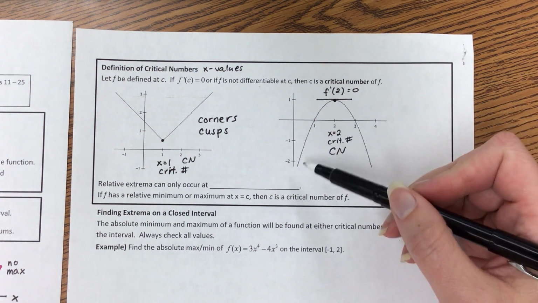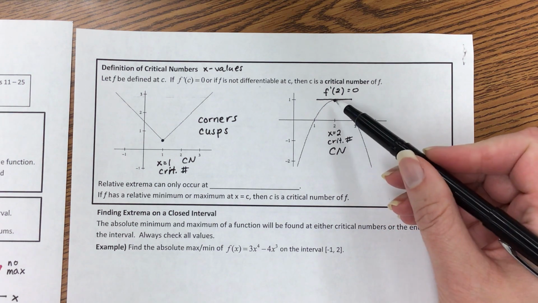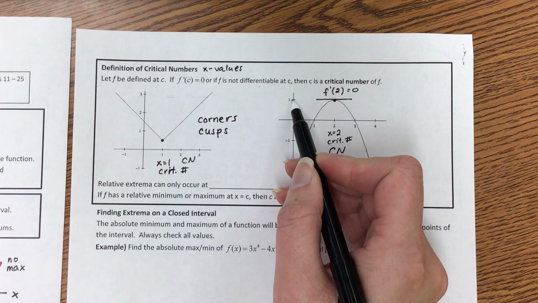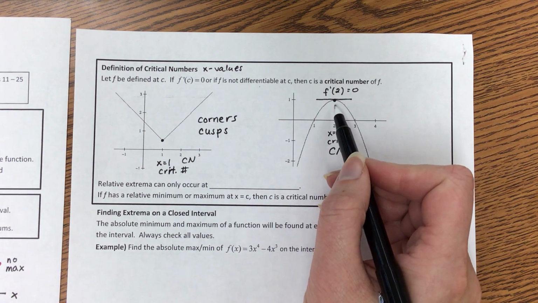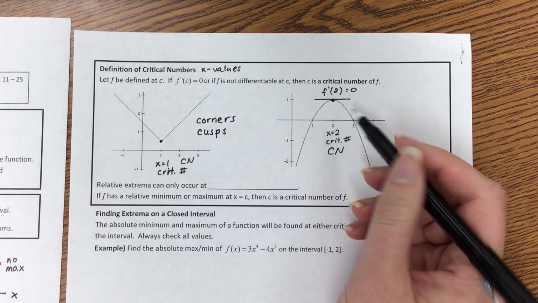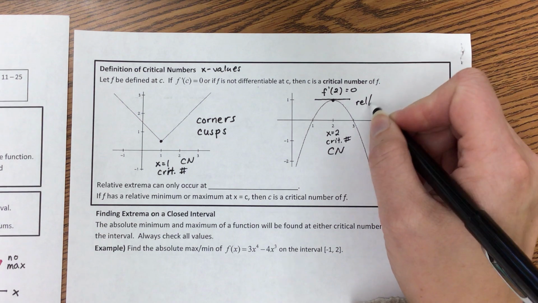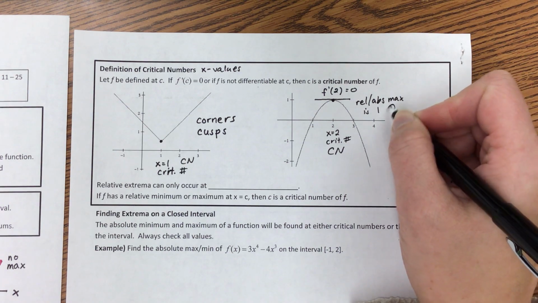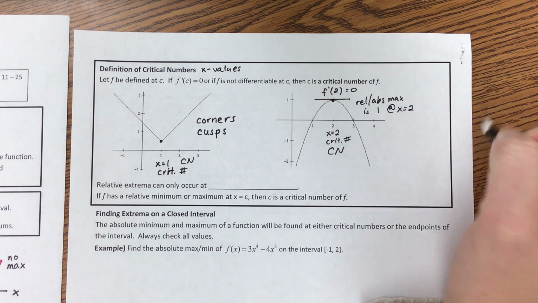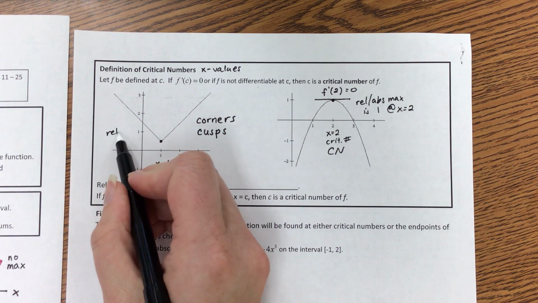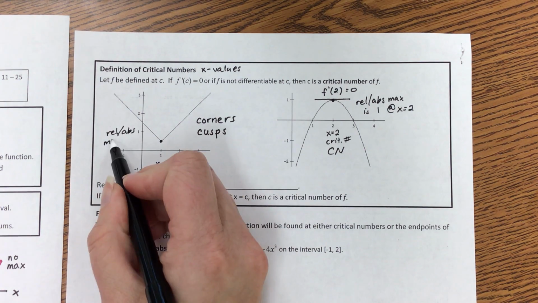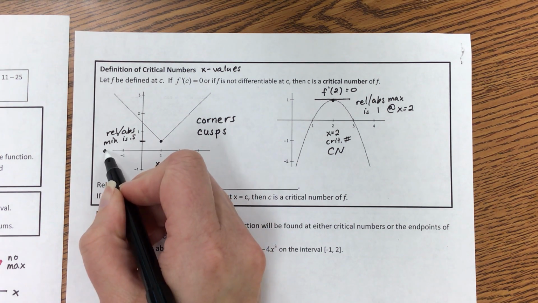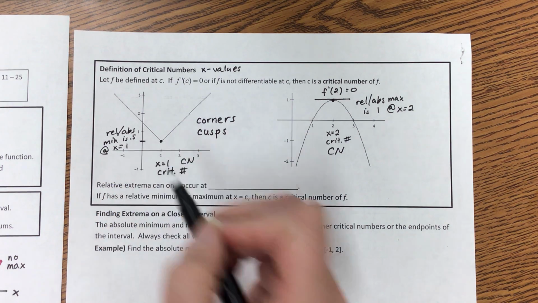Over here, all the way up at the top is a maximum. So our maximum is at the y value of 1, the relative and in this case the absolute maximum. Relative and absolute max is 1, and it happens at x equals 2. Over here, the relative and absolute minimum was like 0.4, and it happens at x equals 1.